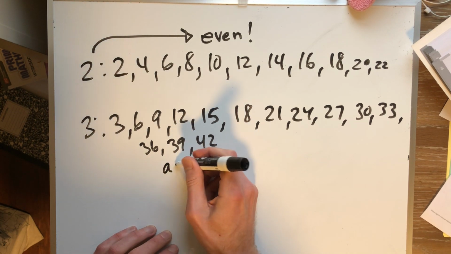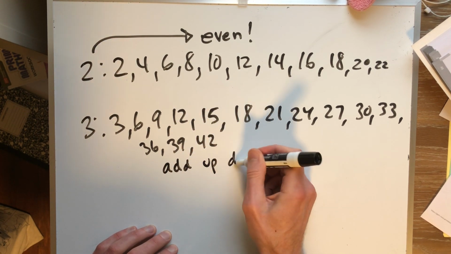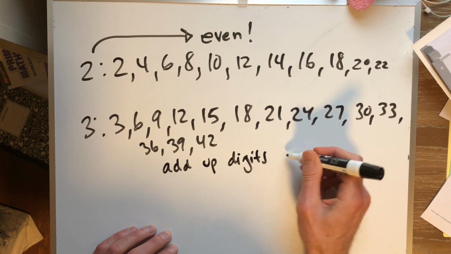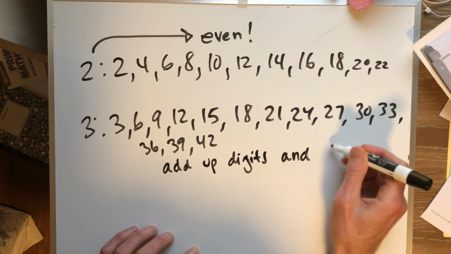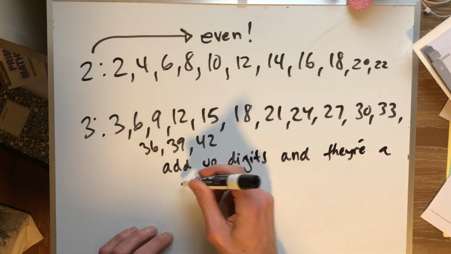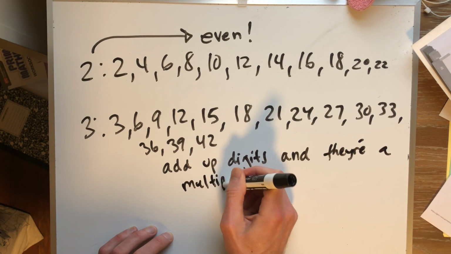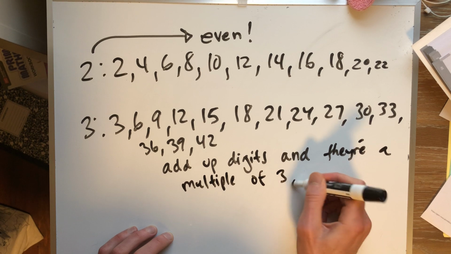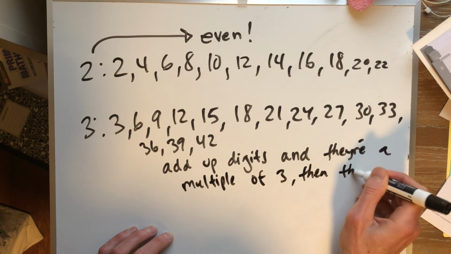So if you add up the digits, and they are a multiple of 3, then the number is a multiple of 3.